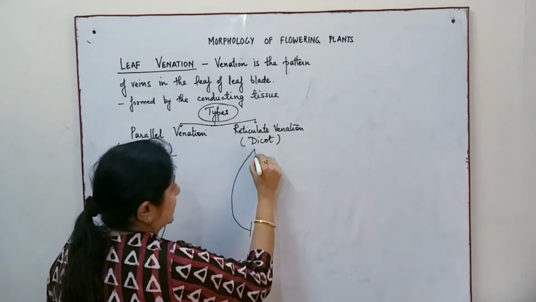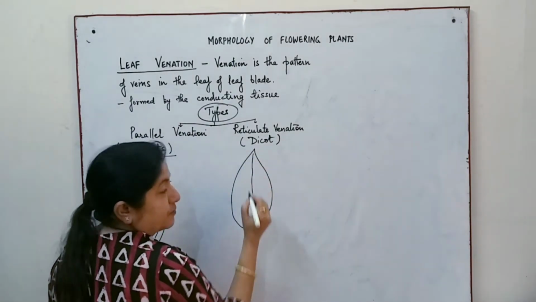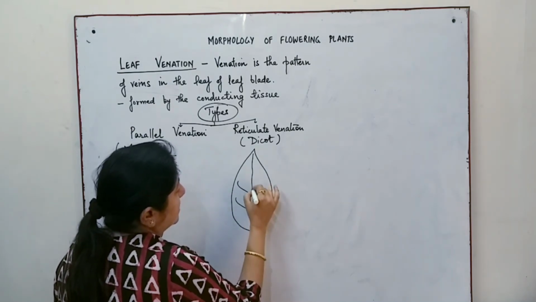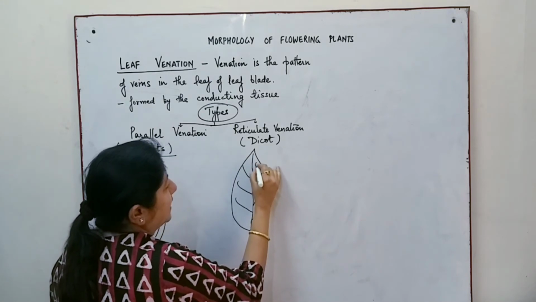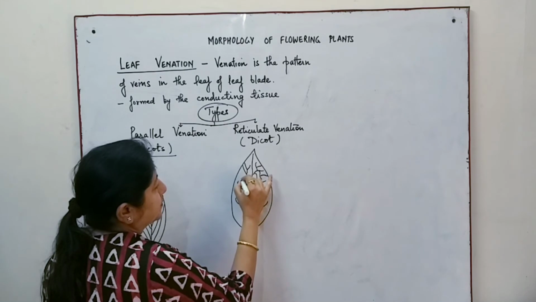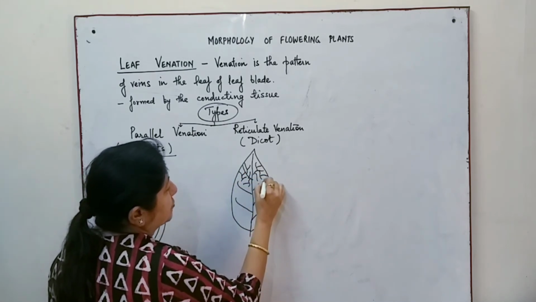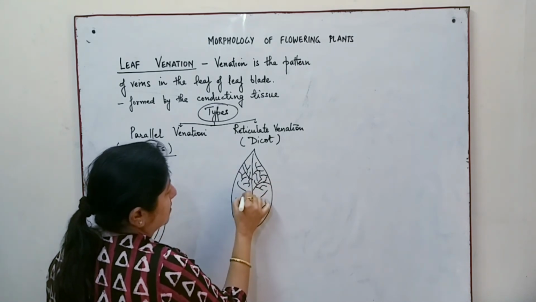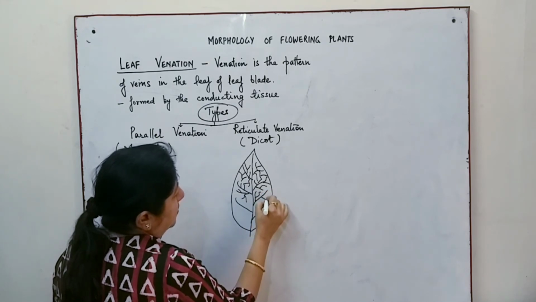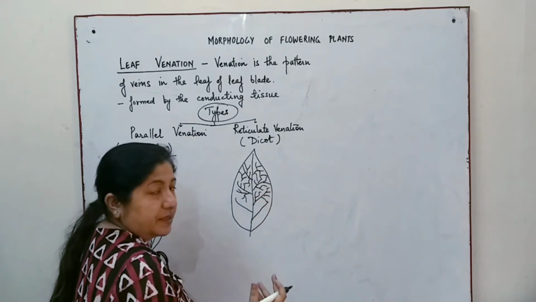it is seen in leaves where the midvein reaches up to the side. The side veins are there, and these veins form a kind of network. That means they are further divided and form very thin veinlets, as in the peepal tree. You can see this very clearly in the leaves of a peepal tree, where the venation is clearly seen, or in the mango plant.